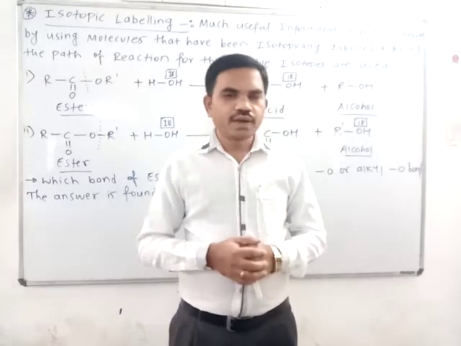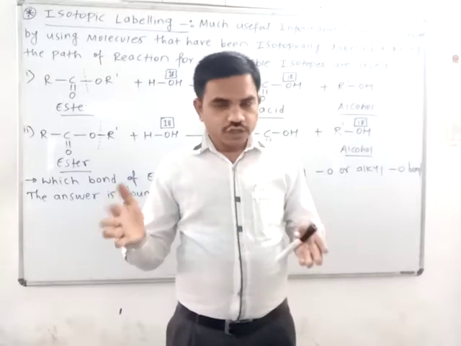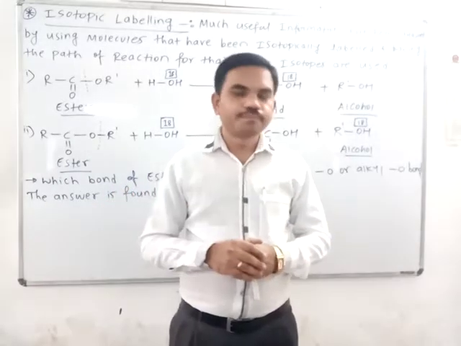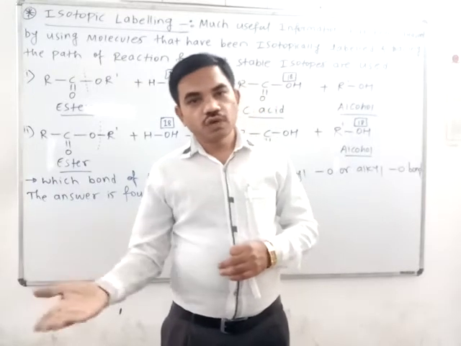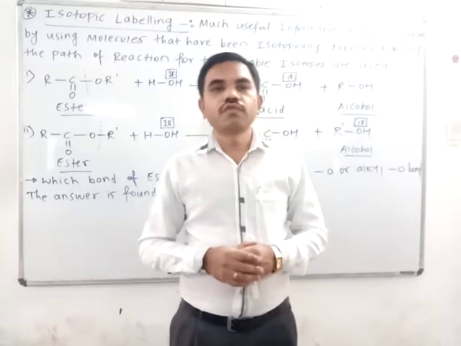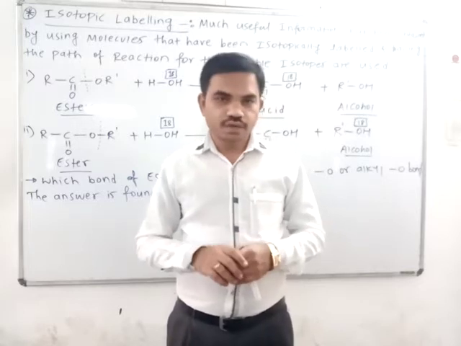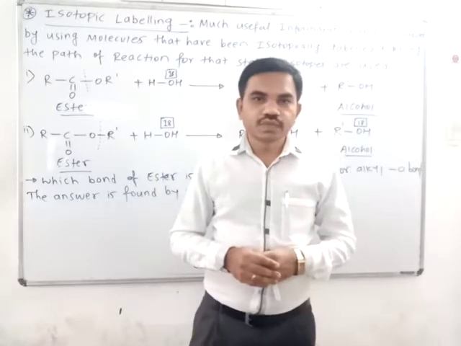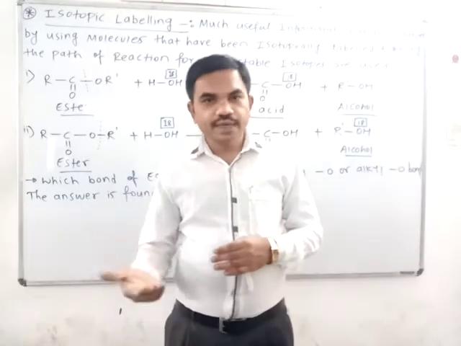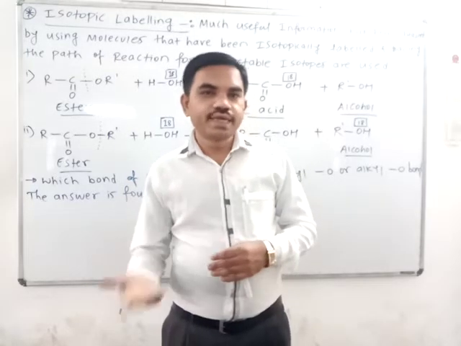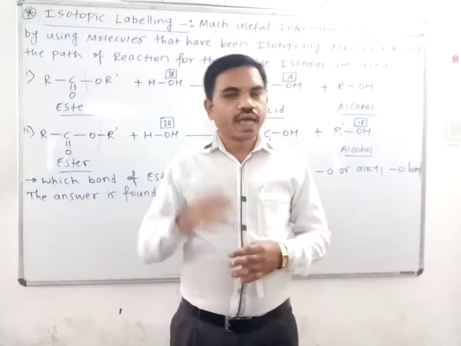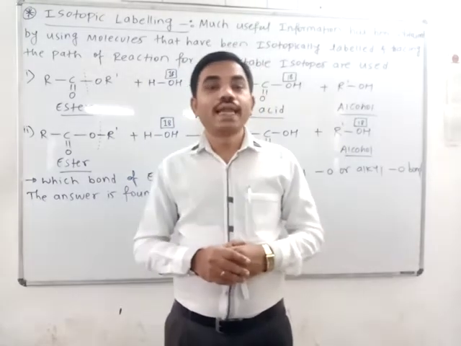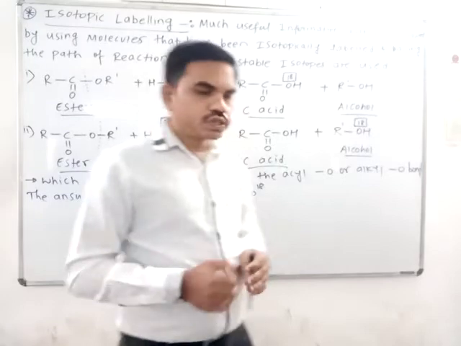For example, identification of the product, which product is formed; then identification of the intermediate, which reaction intermediate is formed in the reaction, be it carbocation, carbanion, radical, nitrene, or carbene; and the third method is isotopic labeling. So we have to see this method.